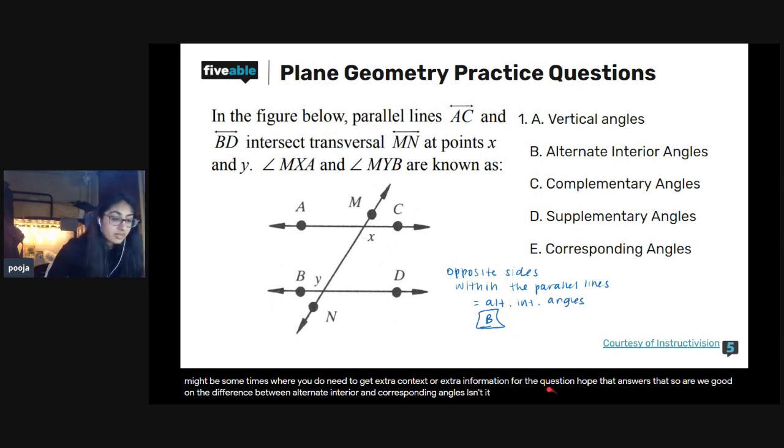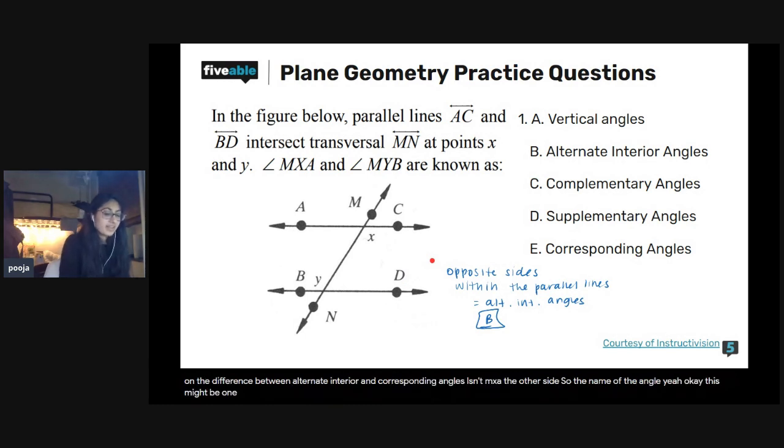Isn't MXA the other side? So the name of the angle, yeah, okay. This might be one thing that I need to know.